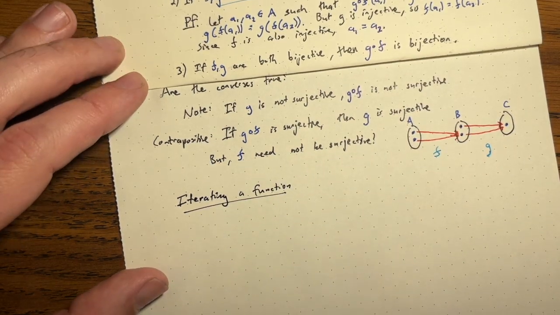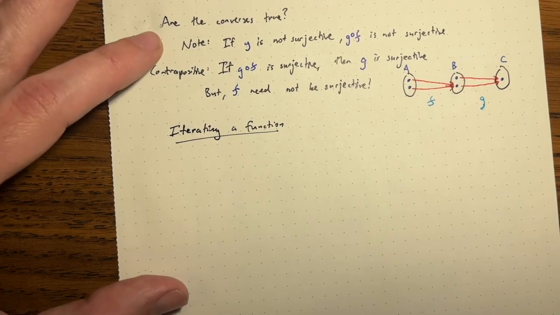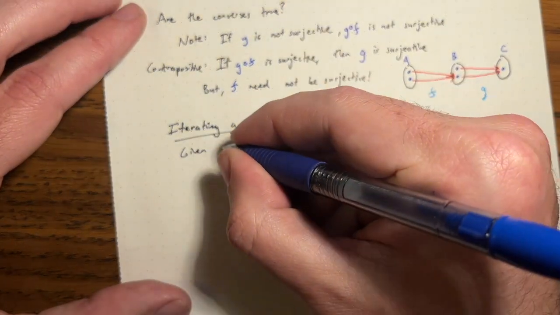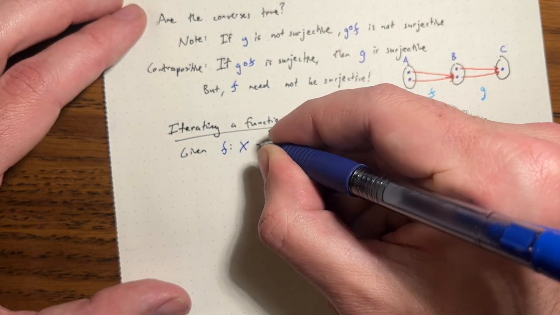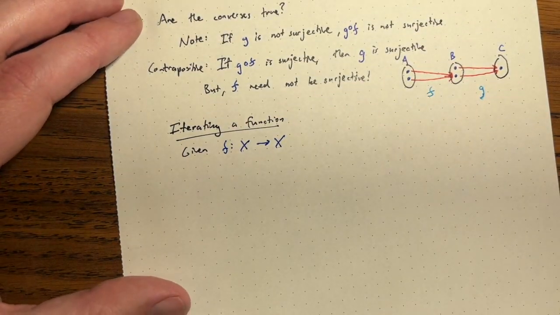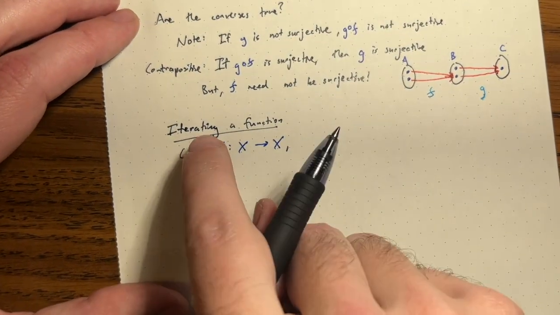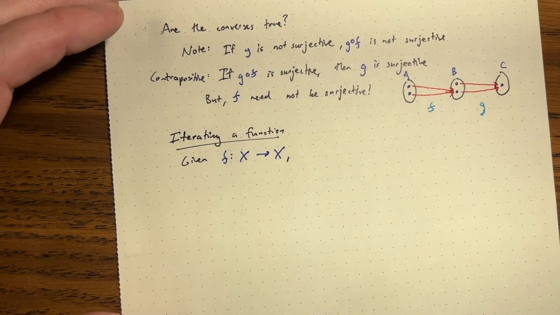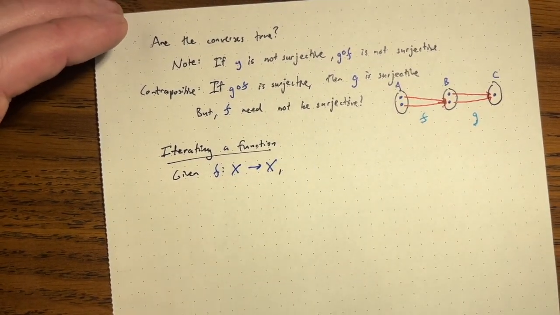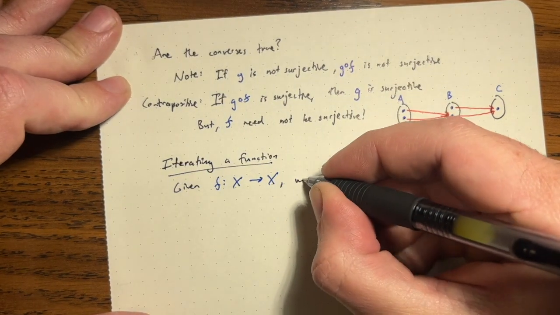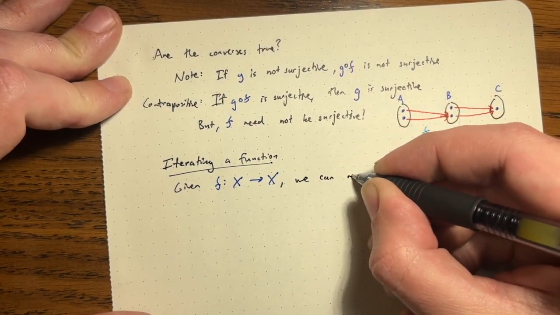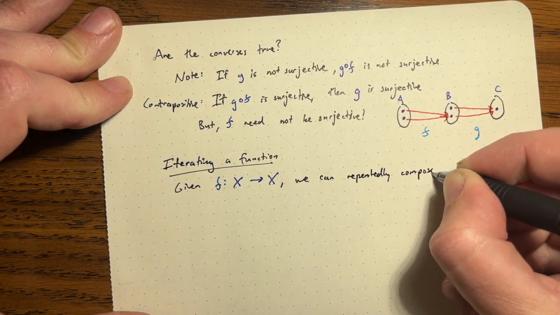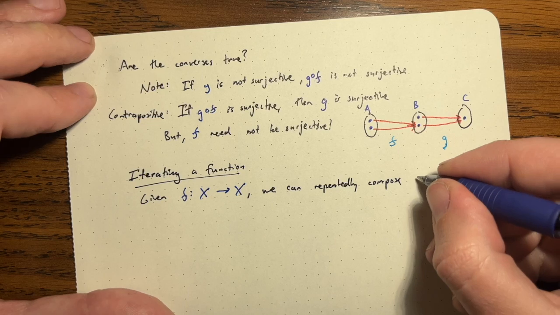Given f from a space to itself, so X to X, it has to be the same space, but if it is, well, we can compose the function with itself, right? So we can repeatedly compose f with itself.